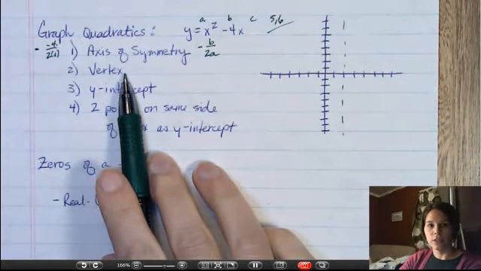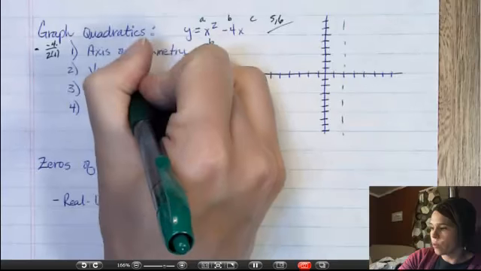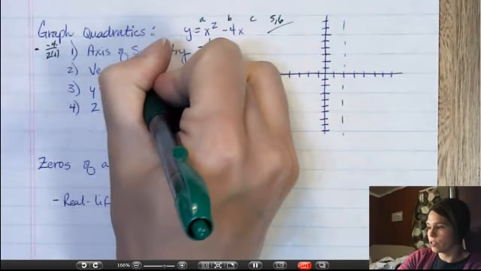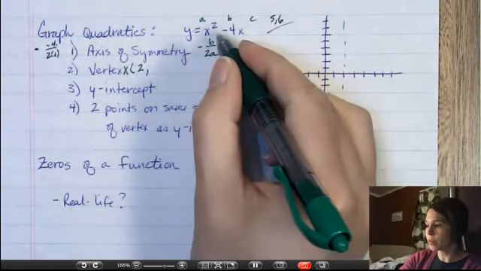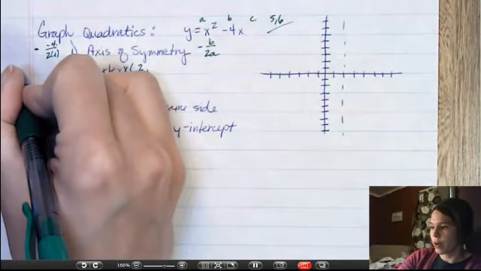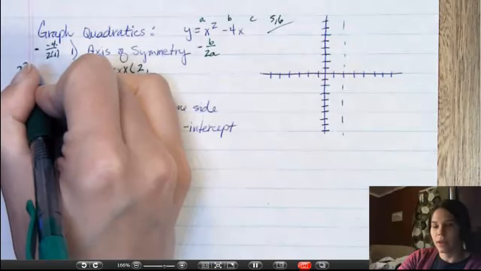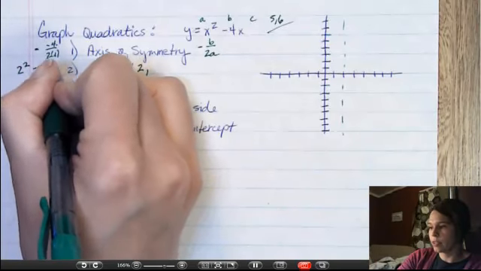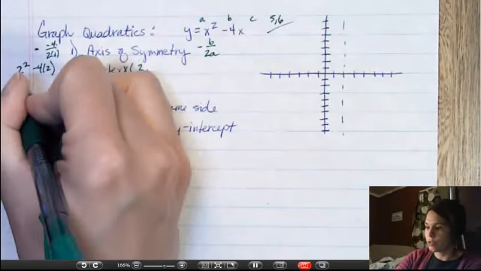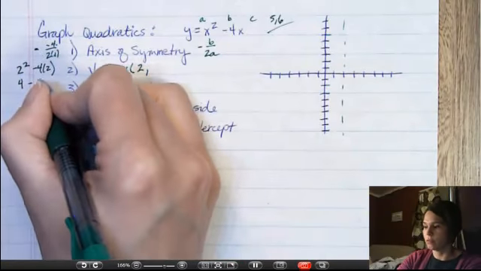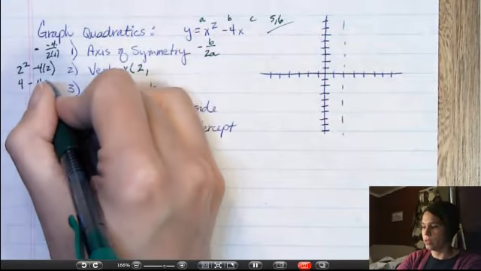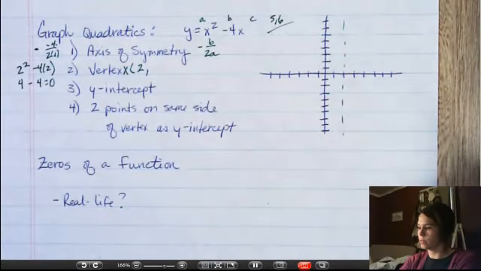All right, next up, find my vertex. To find your vertex, you take your value of x that is 2, and I find my coordinating y value. So plug 2 into my equation. So x squared, so 2 squared minus 4 times 2. So 2 squared is 4 minus 4 times 2 is 4, is 0.